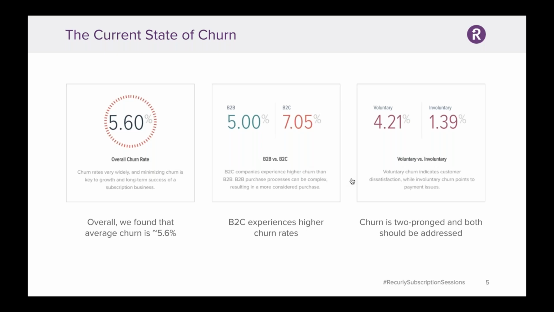And when we break that down between B2B versus B2C, we see that B2C has an even higher churn rate than B2B. And that's understandable, as B2B typically has a longer buying process. There tends to be more consideration. The lock-ins tend to be a little more stringent. But nevertheless, these churn numbers are significant to the bottom line.